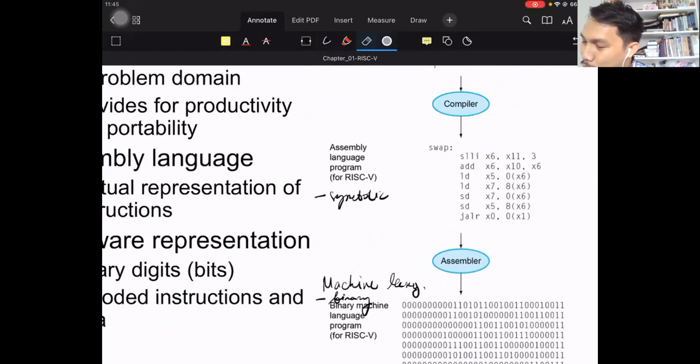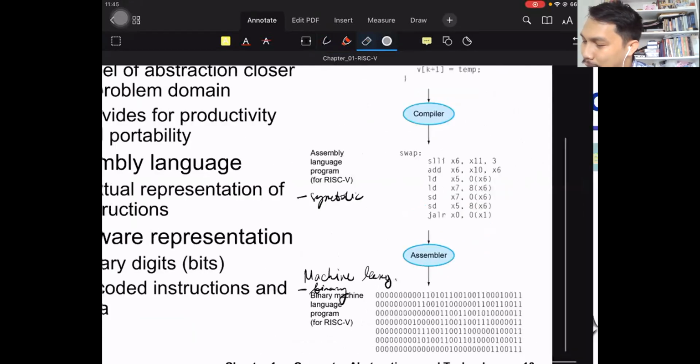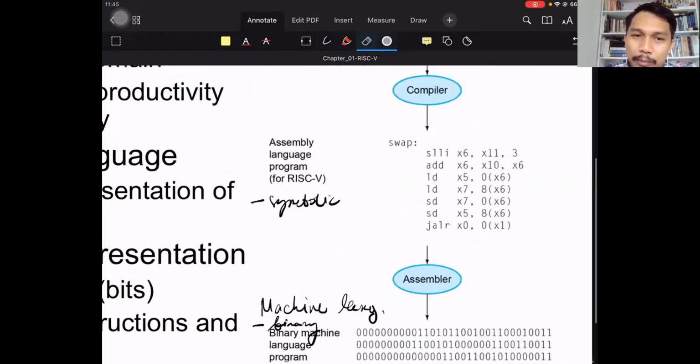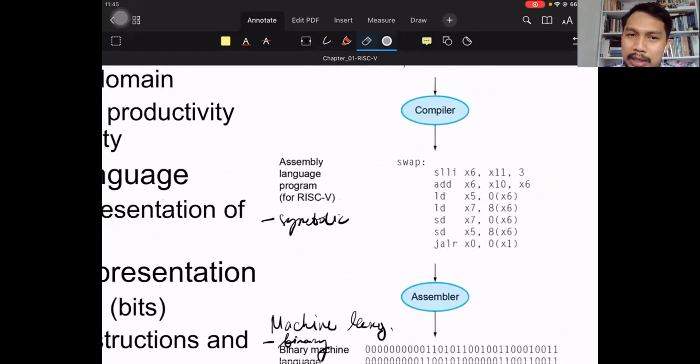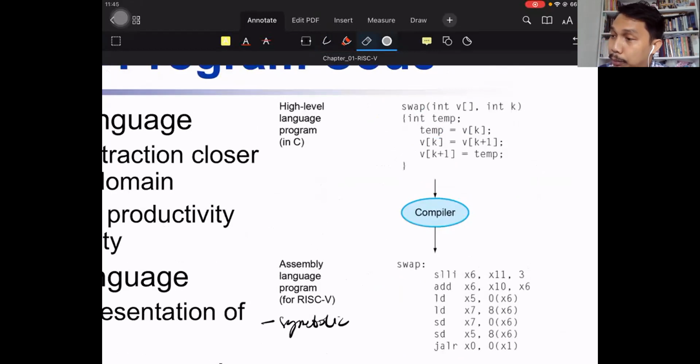Anyway, do I still need to define compiler and assembler? A compiler is a program that translates high-level language to assembly language. High-level language is the language that we code in, like earlier: Python, Java, C++.